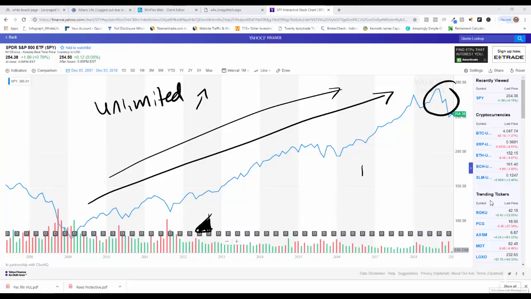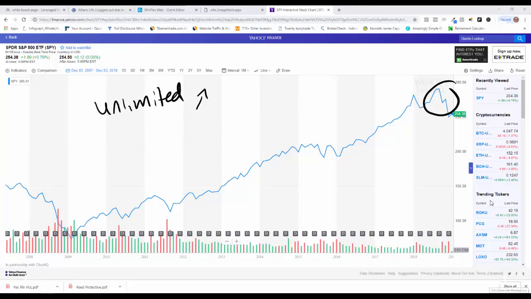Is it likely that your variable policy performs better, performs the same, or worse than it performed the last 10 years from a low of 2008 all the way to where we are now? If you can answer that question, hopefully it gives you an idea of what you should be looking to do with this variable universal life insurance policy in the future.